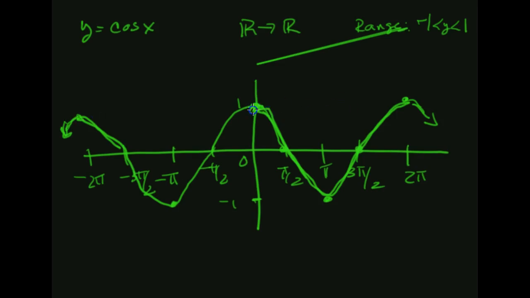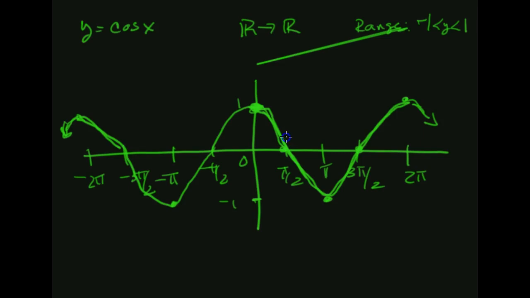So note, the cosine wave doesn't start at the origin. It starts at 0, 1. And then it goes down. And whether you go left or right, it still goes down. So this thing is symmetric about the y-axis. The sine is not. The cosine, however, is.